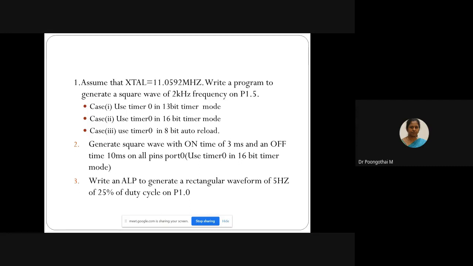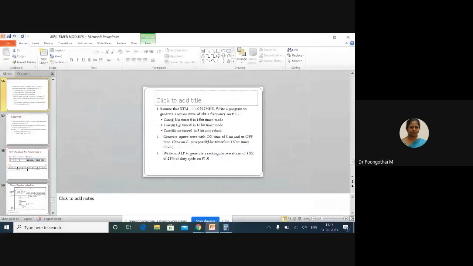Okay, so I will explain this problem step by step. What is the frequency? 2 kilohertz frequency.